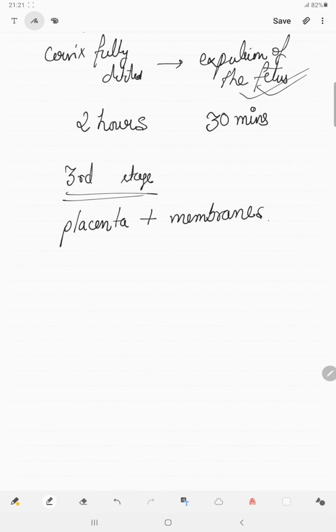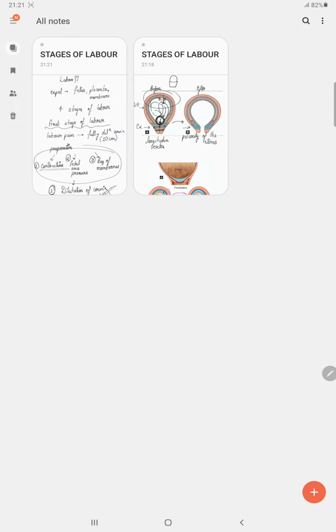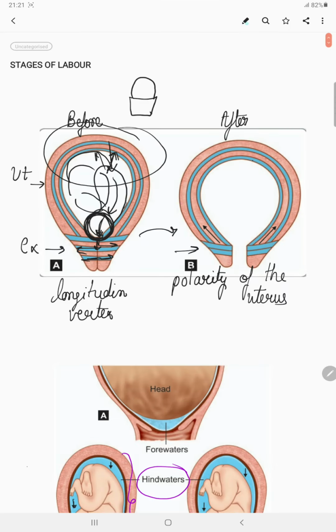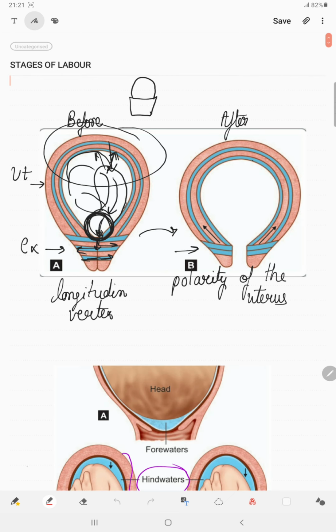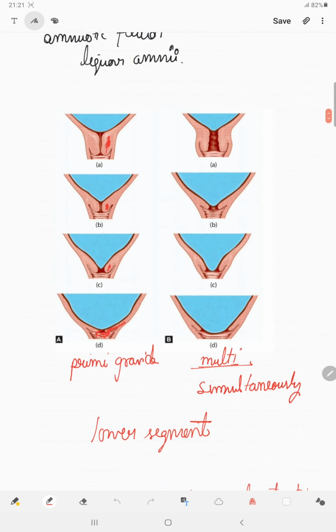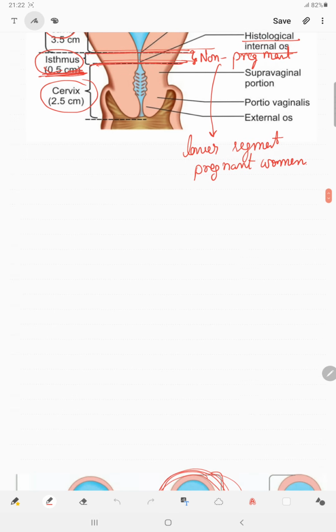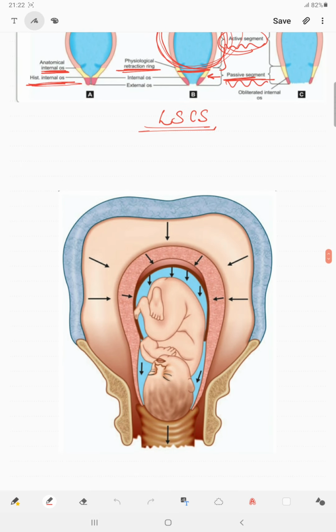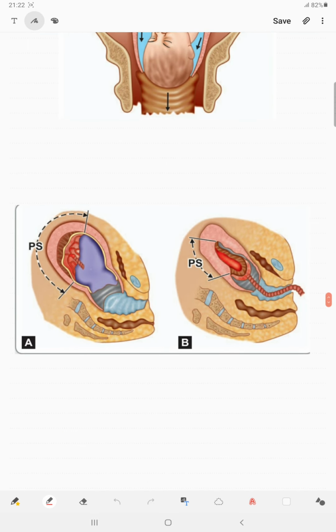Okay, so let's look at another diagram over here. With the expulsion of the fetus, the uterus somewhat contracts.